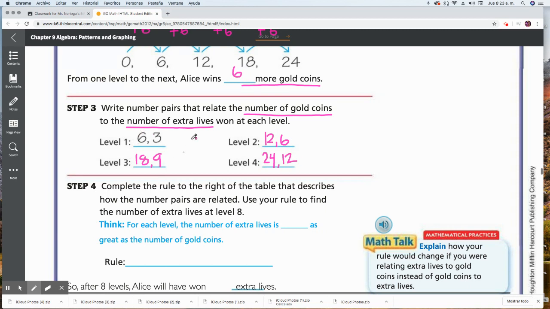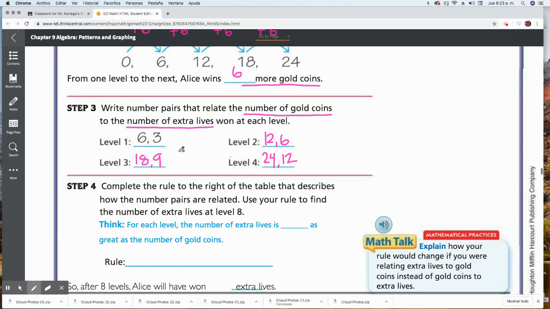Think about division. Think about fractions. What fraction are 3 and 6 from 6? What fraction of this? 6 and 12, 9 and 18, 12 and 24.